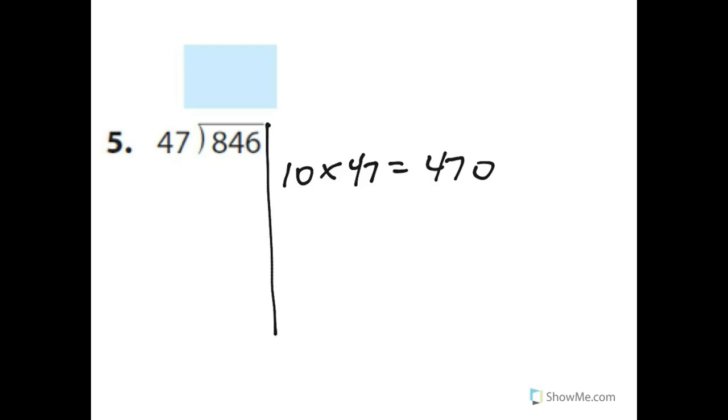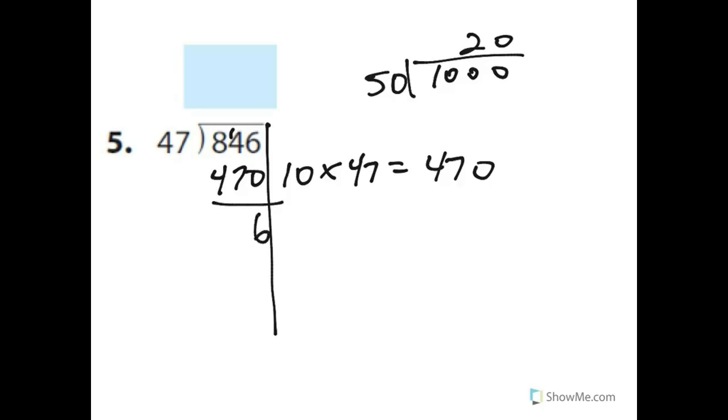So that's where I see. So I did 50 and 1,000. But if I did 50 and 1,000 times 20, well, 1,000 would be too much to take away from 846, right? So I used my 10, so 470.